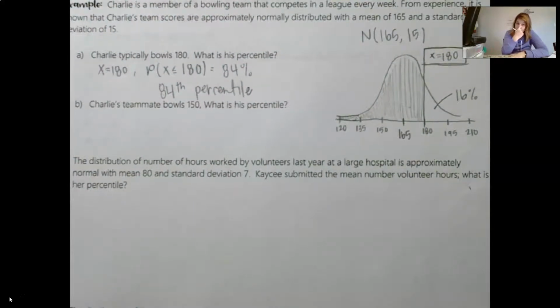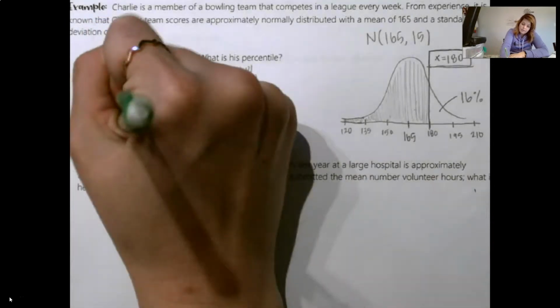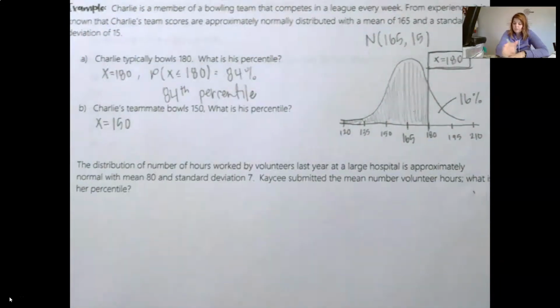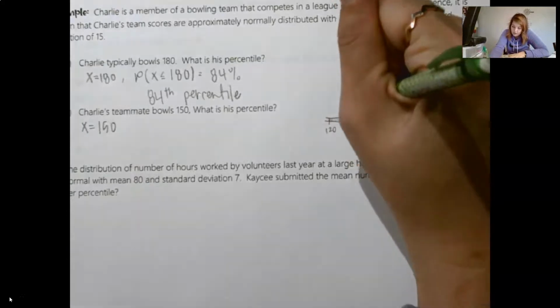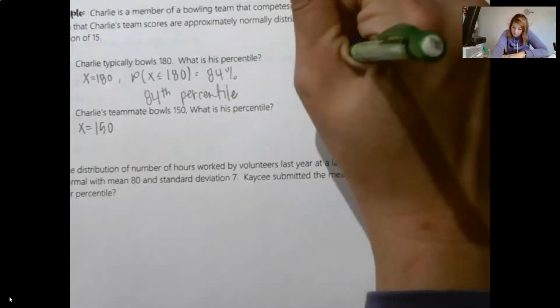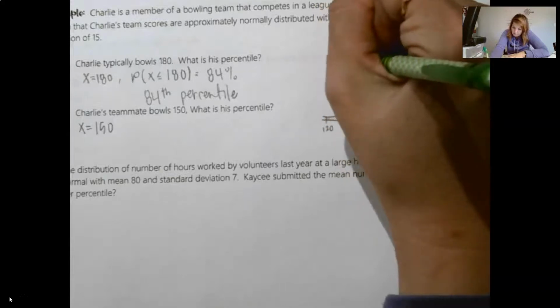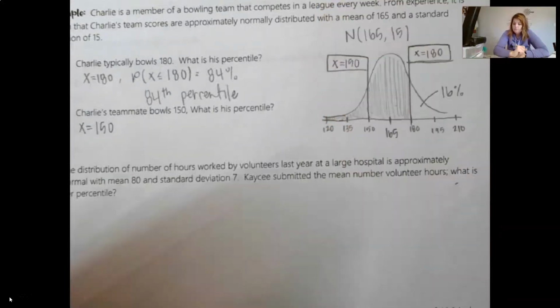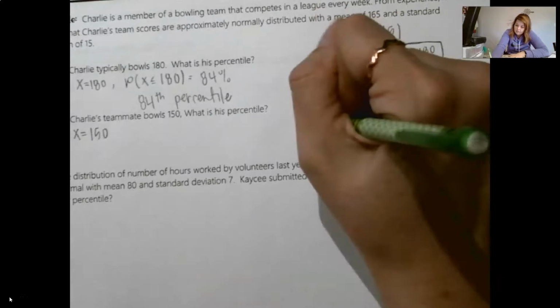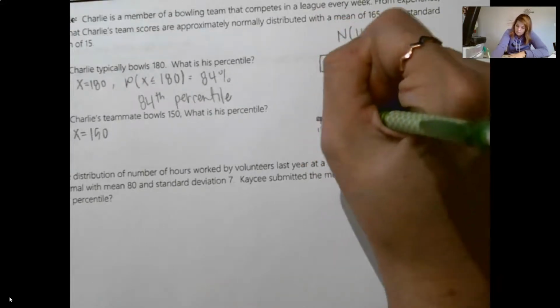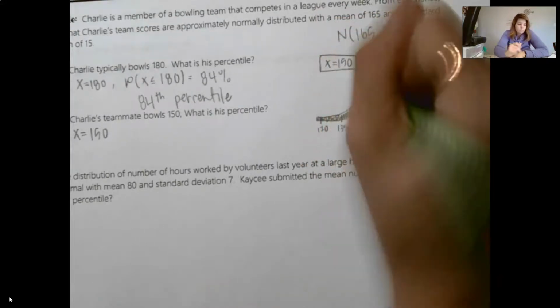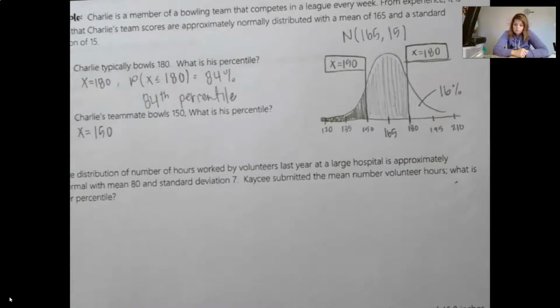Charlie's teammate bowls a 150. What is his percentile? So X is 150. So just like on the last one, I'm going to plant a flag. I'm going to label it. And then I can add up how much percent that is.